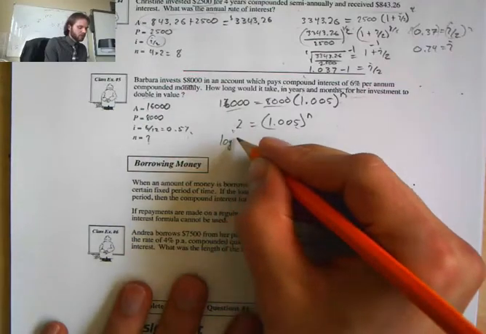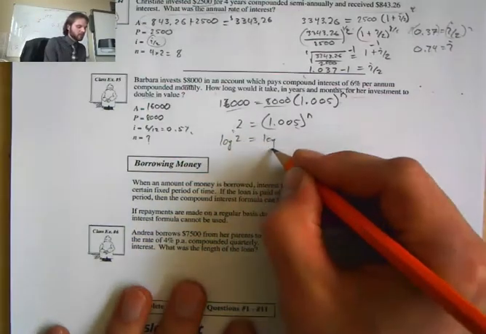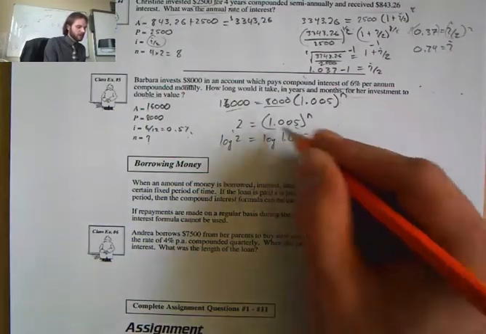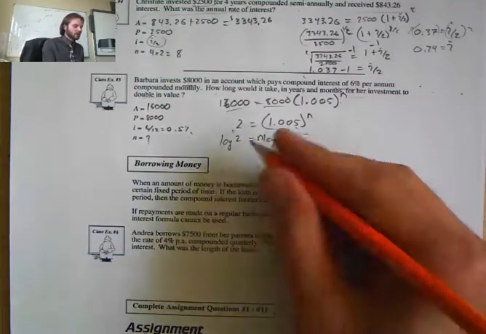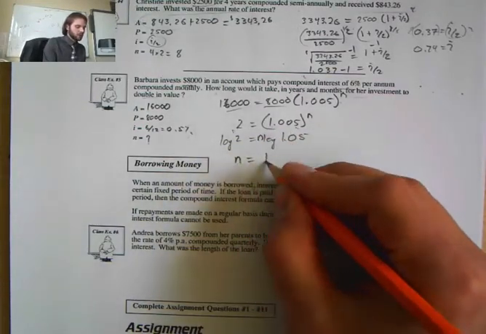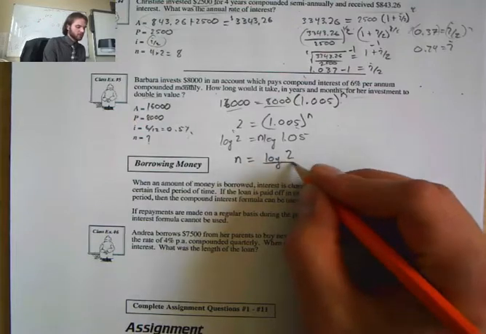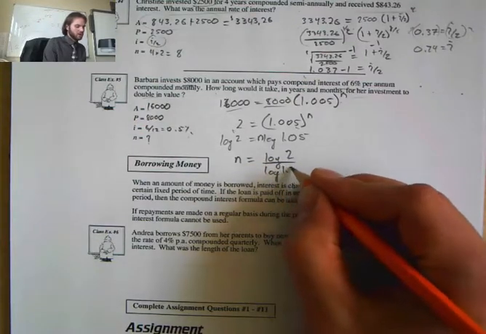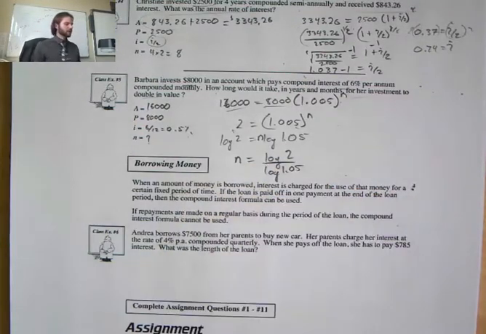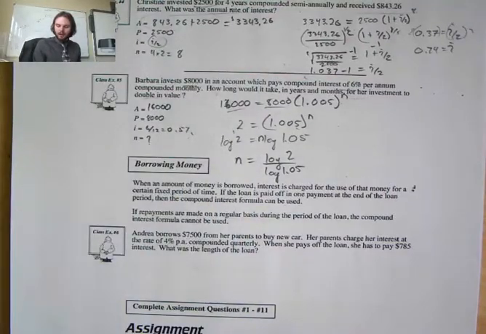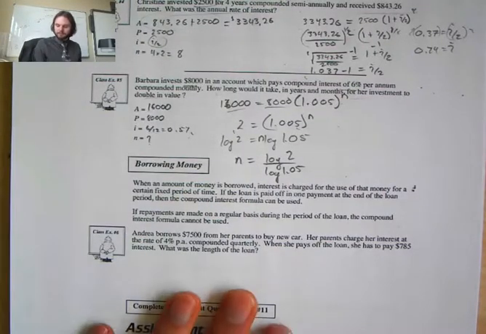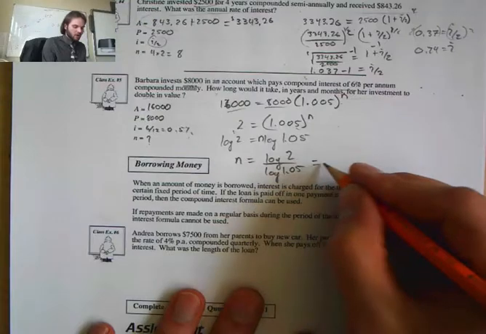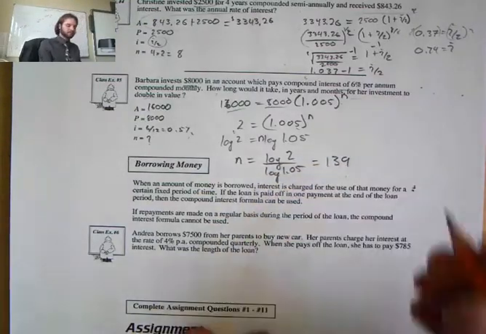So we're going to go log 2 is equal to log 1.005 to the n, and that allows me to bring down the n. So n is equal to log 2 divided by log 1.005. I plug that into my calculator, and I'm going to end up getting a total of 139.